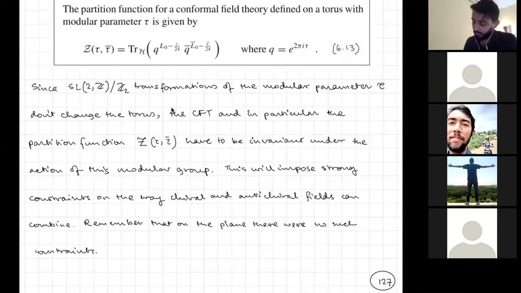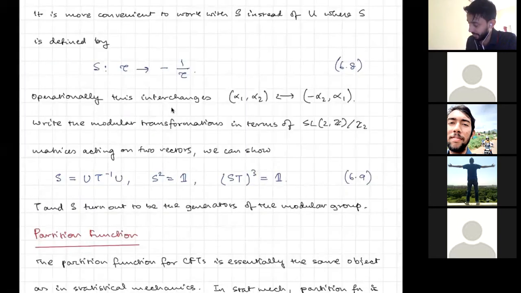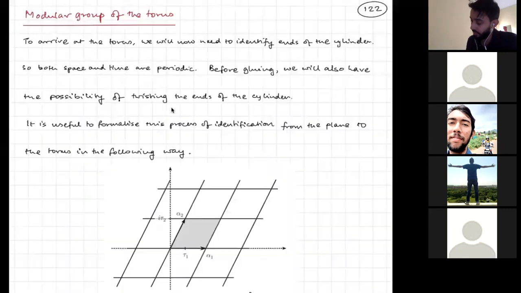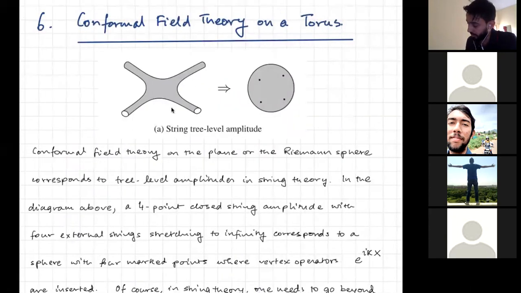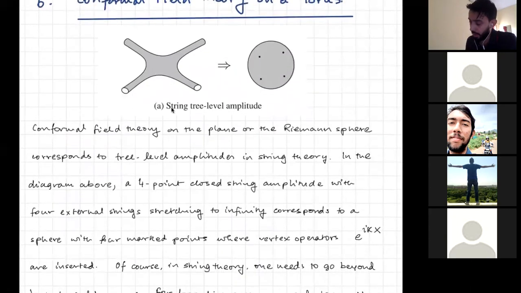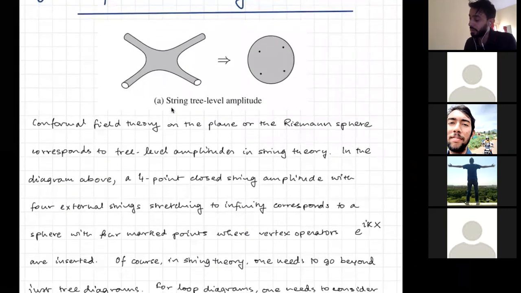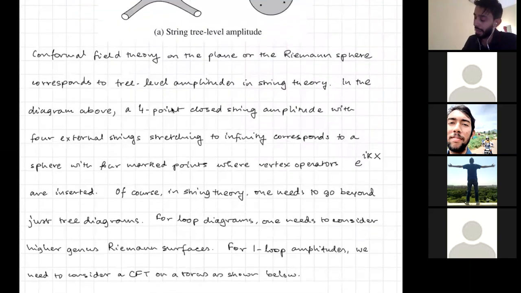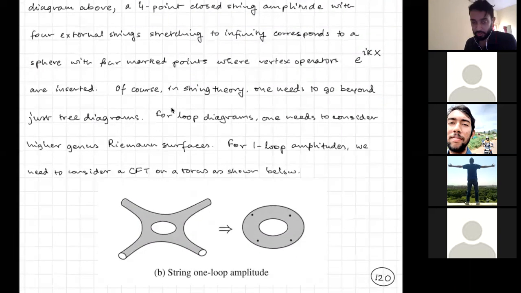So what we have learned is that when we are looking at this CFT, one of the reasons we were looking at all of this was the example of string theory, where you need to look beyond tree amplitudes and look at loop amplitudes as well.